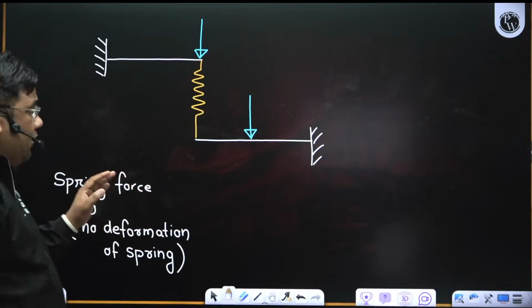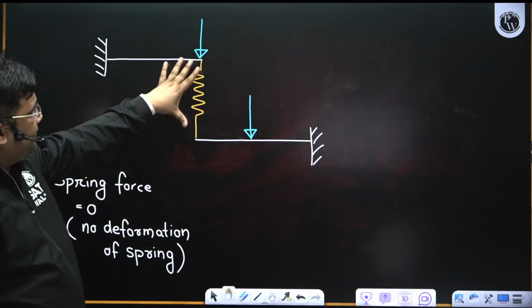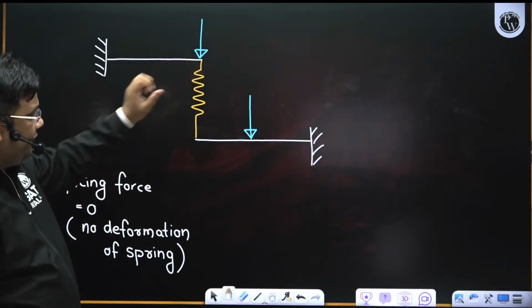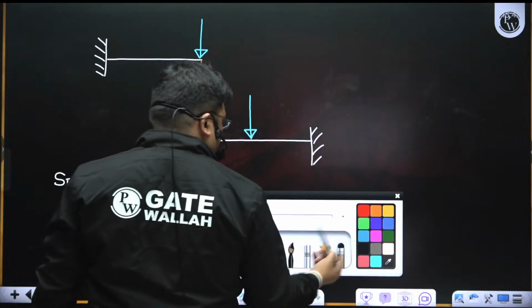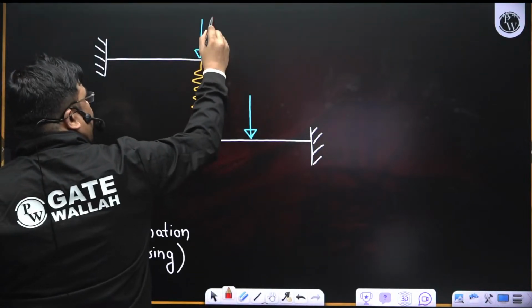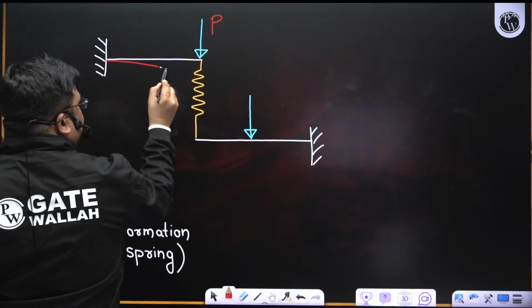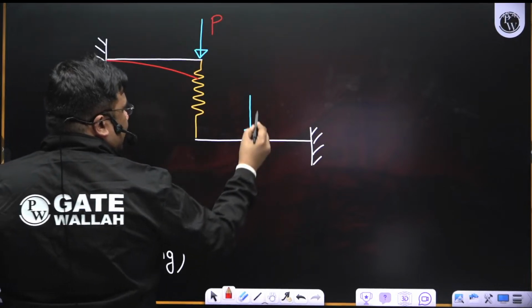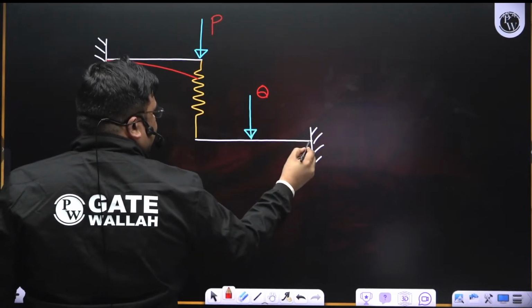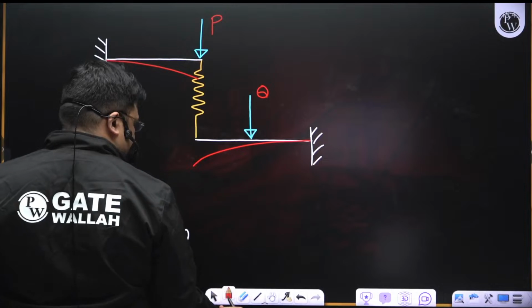Now, how is it possible that there will be no deformation in the spring? You see, there is a P load acting here. Suppose this beam bends like this, and there is a Q load acting here and this beam bends like this.